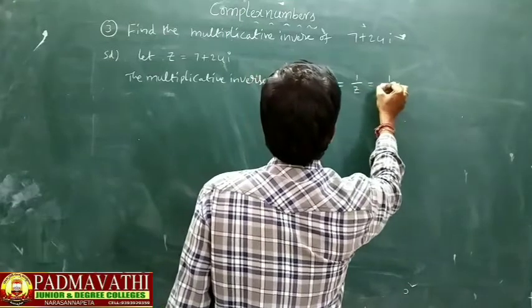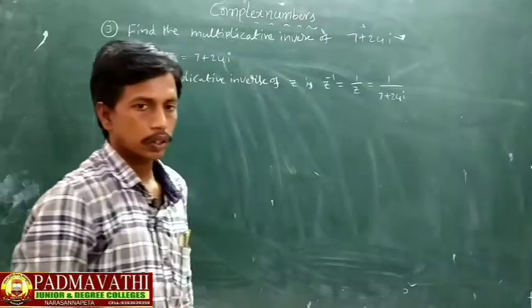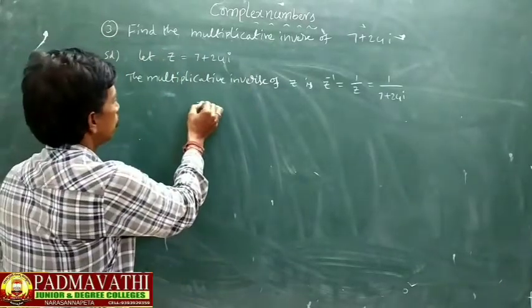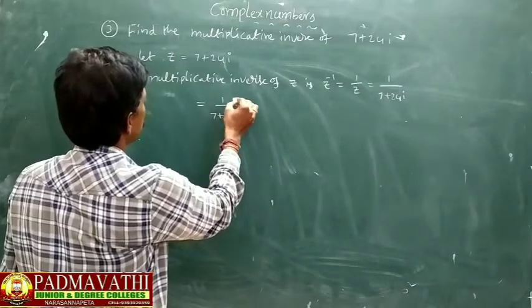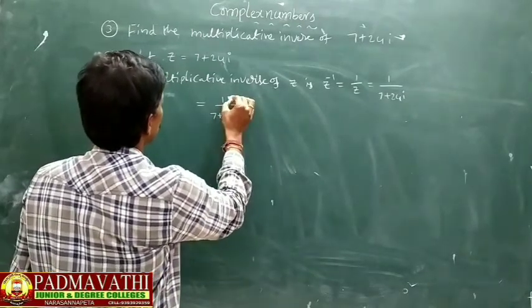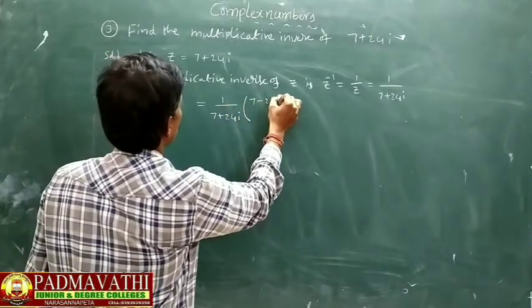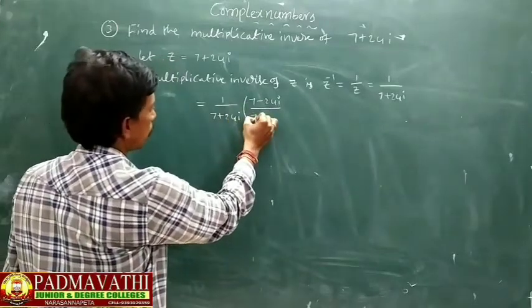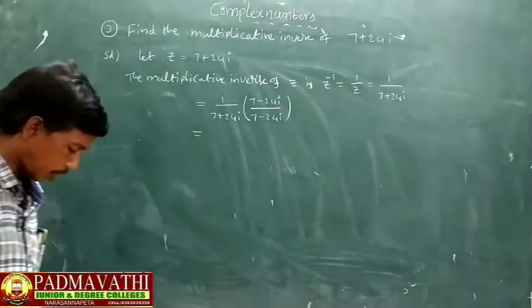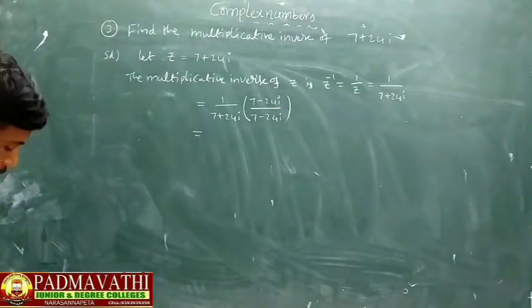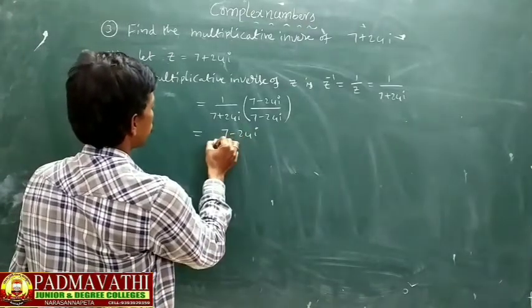So that is 1 by 7 plus 24i. Now we apply rationalizing: multiplying 7 plus 24i with 7 minus 24i in numerator and denominator, 7 minus 24i.